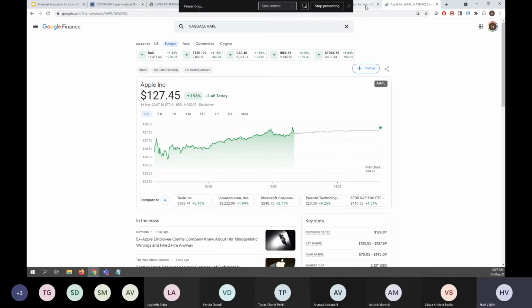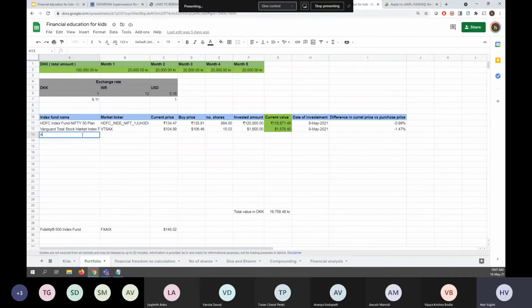So if I go to my sheet, and I want to get the Apple price, I would put Apple Inc. This is the company name and the ticker name. What was the ticker name? AAPL. So I just need to put AAPL here. And if I want to get the current price, what I can do is use Google Finance. That's a function.